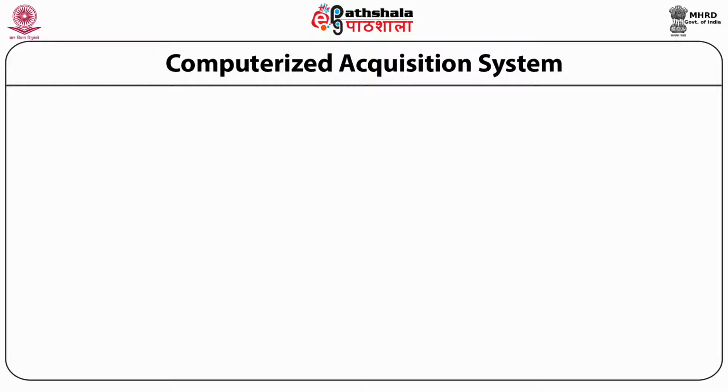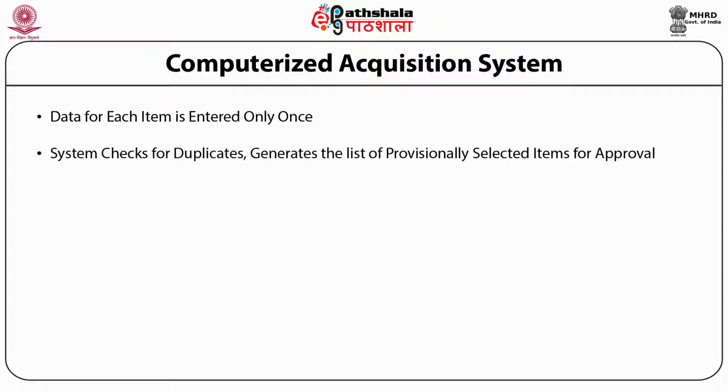Whereas in a computerized acquisition section, data details for each item are entered only once. The system checks for duplicates and generates the list of provisionally selected items for approval. Purchase orders are generated for approval of items by the system.